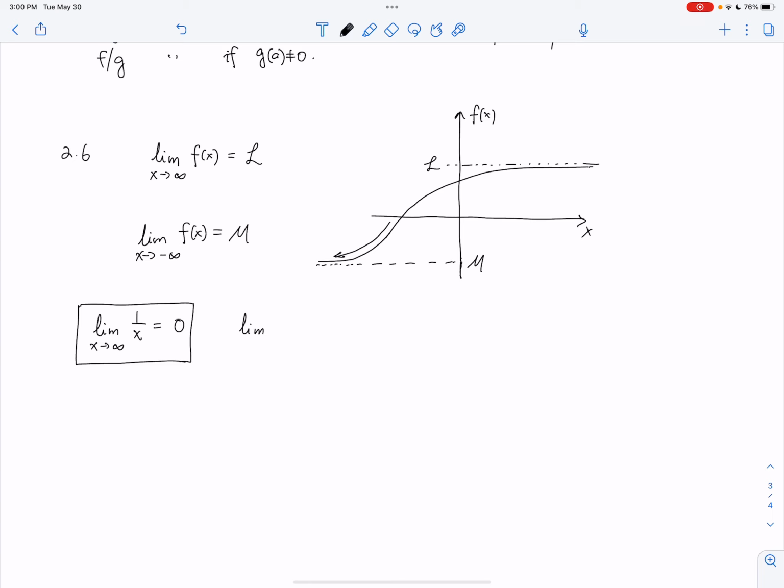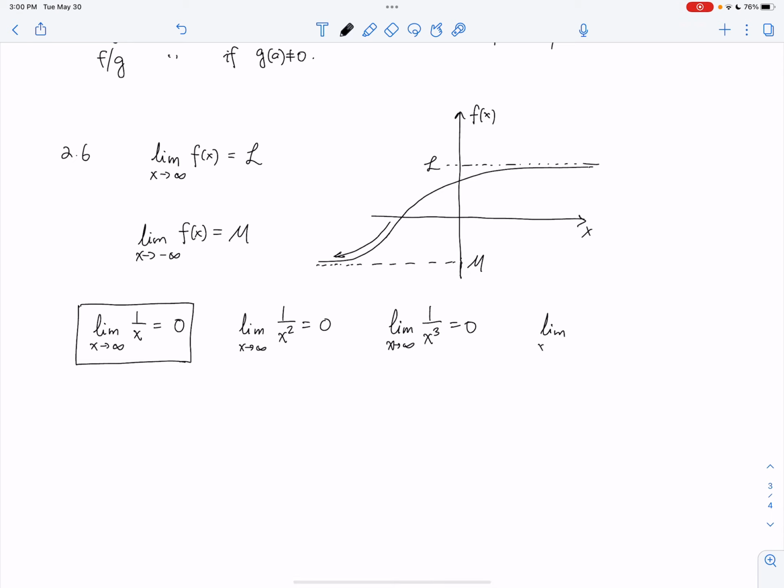And you can also do other powers, like 1 over x squared is equal to 0. X cubed, limit as x goes to infinity, 1 over x cubed is also 0, because when x is large, the denominator is super large. So the whole thing, 1 over that, is equal to 0.